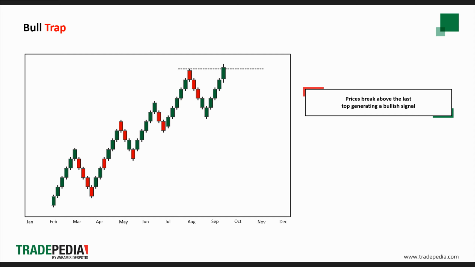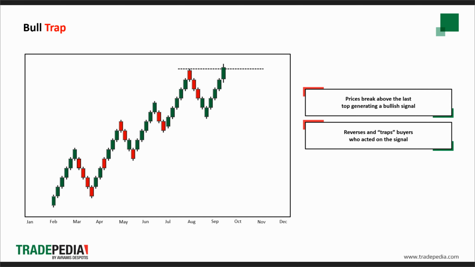However, there is no clear follow-through, and all of a sudden it just reversed, and it traps all the buyers who actually entered over here. Imagine you see price just peak above the last high. If you're very strict with your parameters, you'll say this is not a double top, even though there's a strong preceding trend, because price is already above the previous high and has formed a higher high.